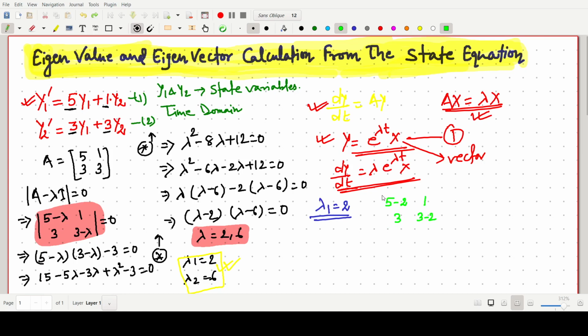This one is a matrix. So we can write this as a 5 minus 2, 3, 3, 1 and 1.